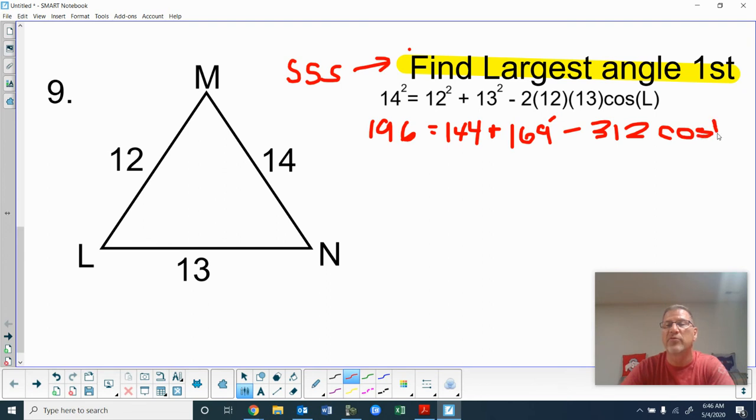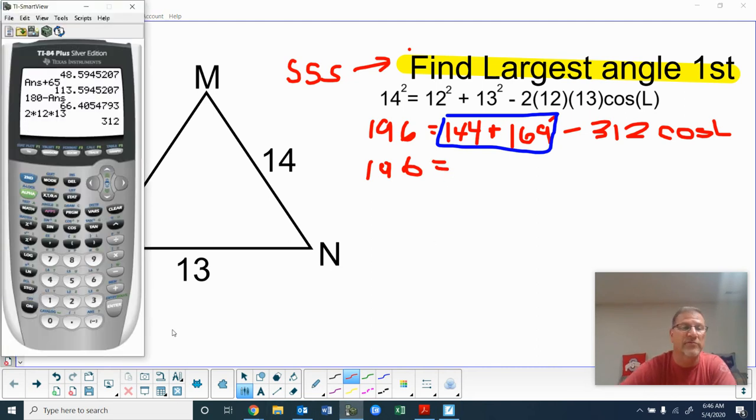So this one's got a little more work. Some of you might have been messing up when you did this. What I do next is I find the answer to those two. So I got 196. I can't put that whole thing in on the right like I did on the first example, number 3. 144 plus 169 is 313.